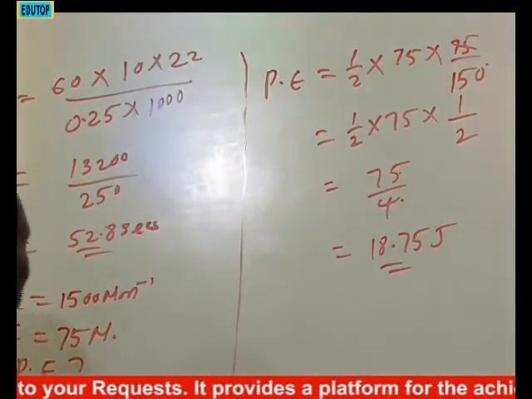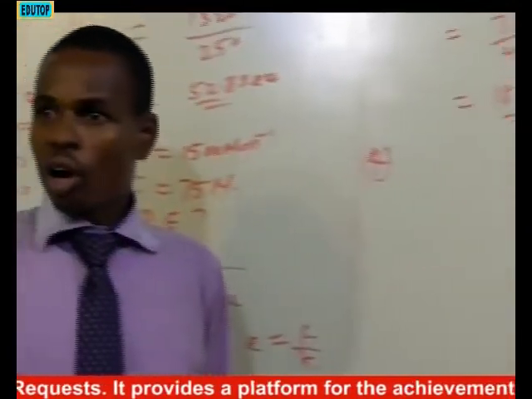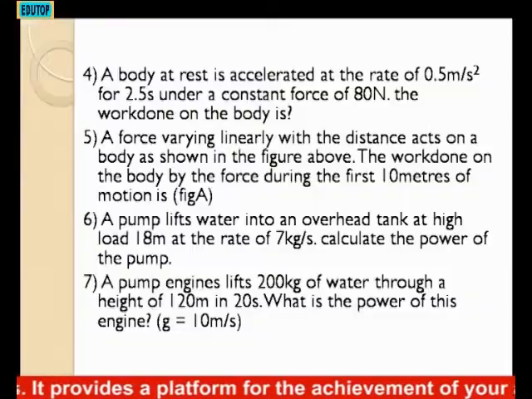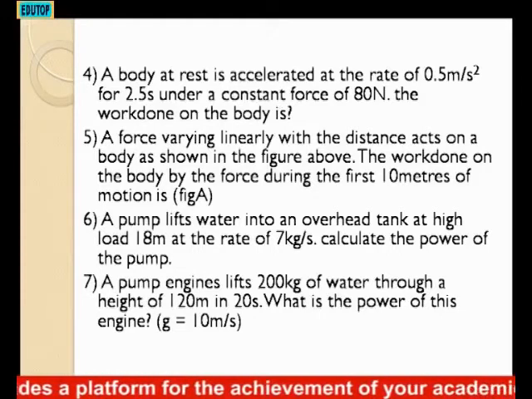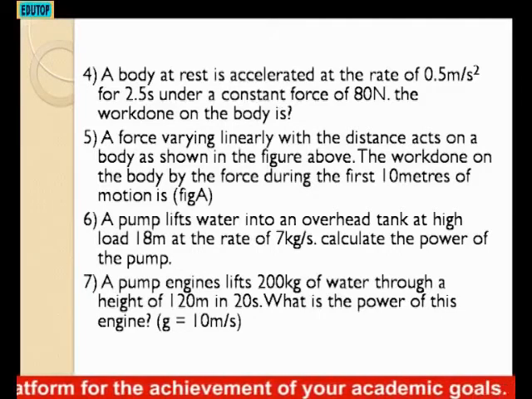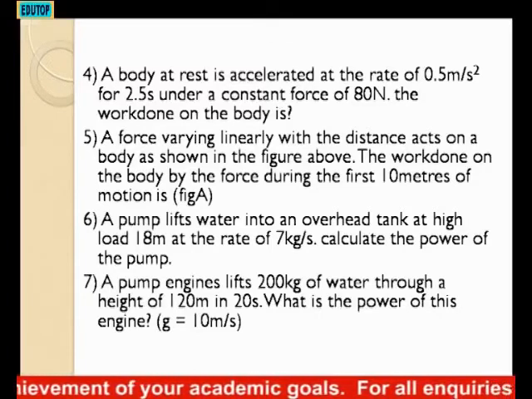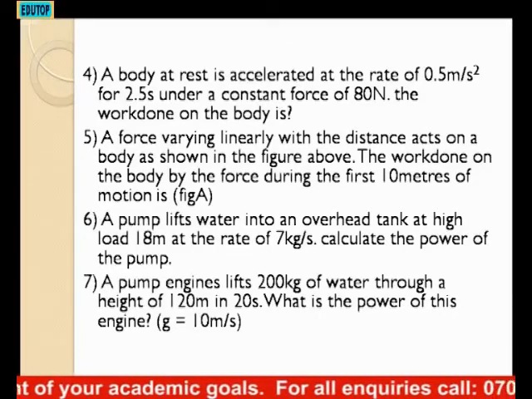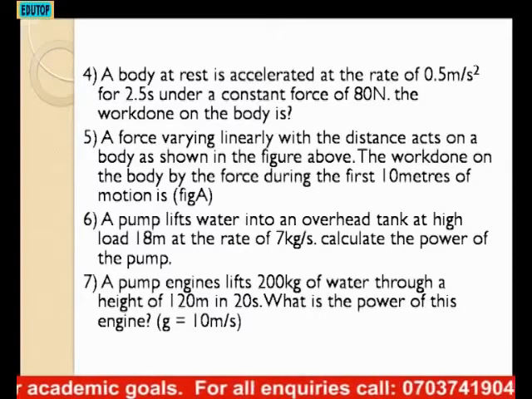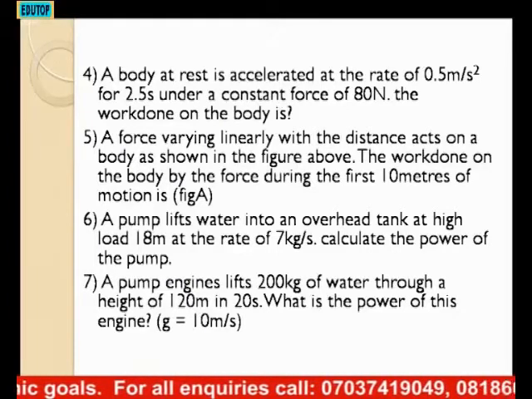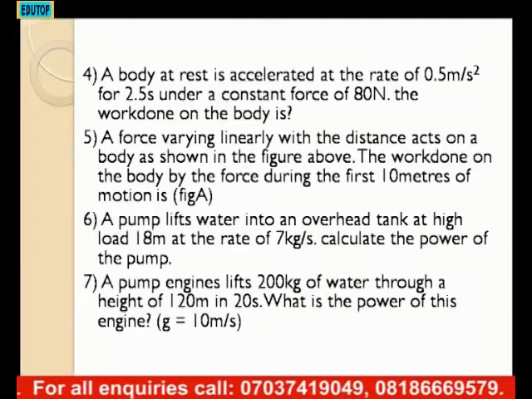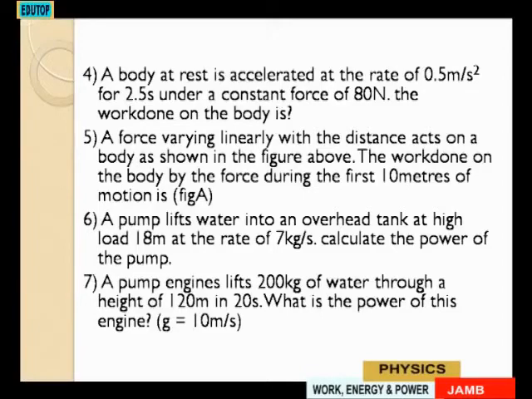That's question number 3. For question number 4, the question says a body at rest is accelerated at the rate of 0.5 meter per second squared for 2.5 seconds under a constant force of 80 Newton. The work done on the body is, let's take it one by one.